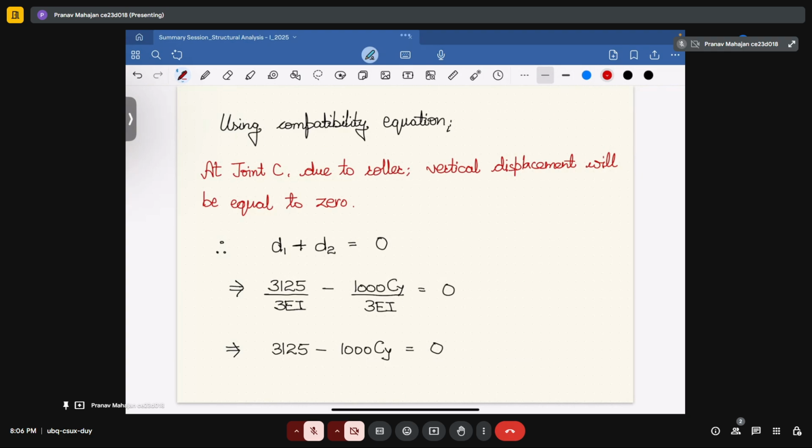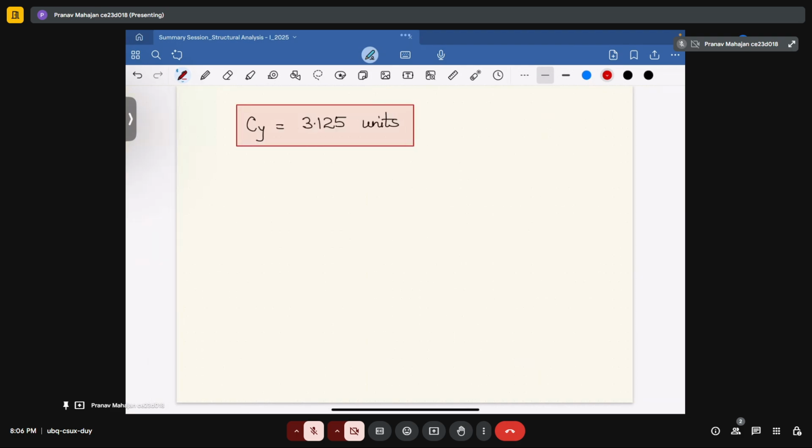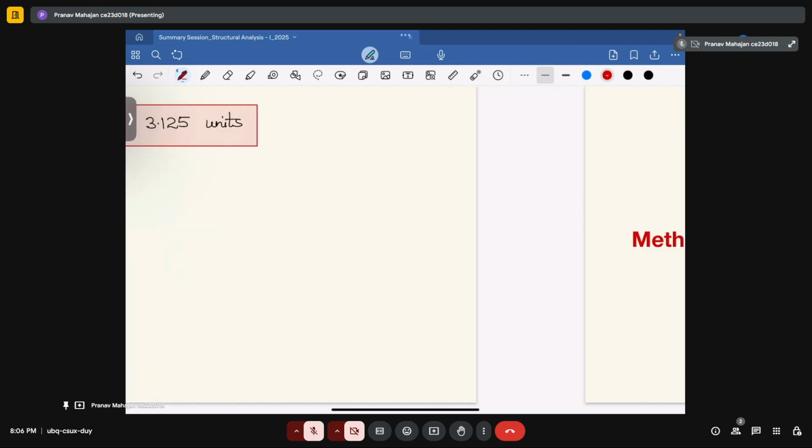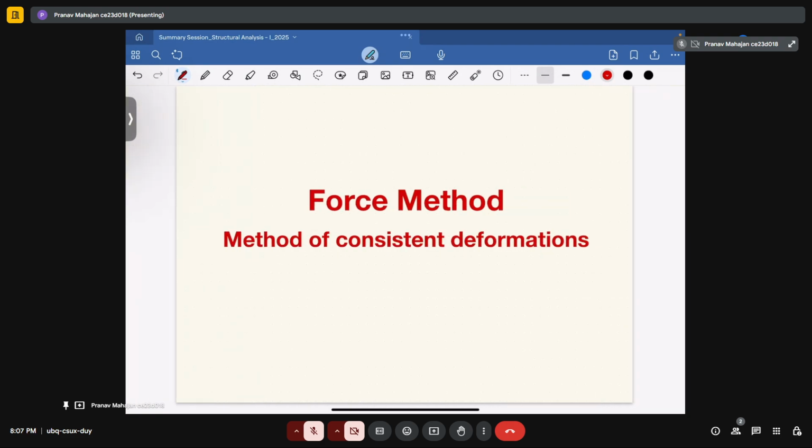So D1 plus D2 in this case will become equal to 0. When you simplify this equation further by substituting the values of D1 and D2, you will get the value of the unknown reaction Cy, and its value will come out to be equal to 3.125 units.